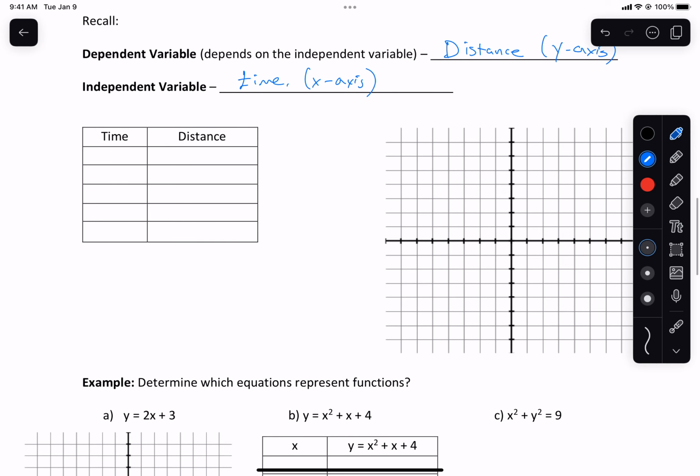So, let me ask you a question. Technically, this is a graph that we've seen before. Does it make sense for me to substitute time values in the negatives? No, so I'm not going to do that. Can't go back in time yet. So I'm not going to substitute time values in the negatives.